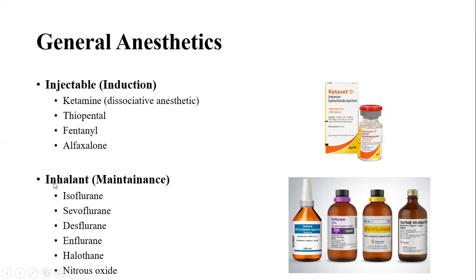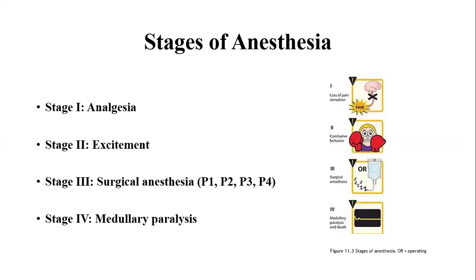Okay, then if you talk about inhalants, the common examples of inhalant anesthetics, you would have heard all these names: isoflurane, sevoflurane, desflurane, enflurane, halothane, nitrous oxide. They are all used in the anesthesia machine, and the anesthesia machine is used for the maintenance of anesthesia. So that's why I have added a topic on the anesthesia machine and stages of anesthesia also.